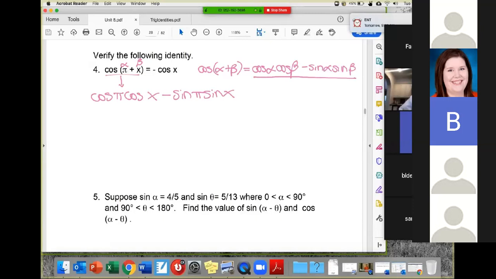And that is the expansion of cosine pi plus x. Anyone have any problems with that or where we got that from? Okay, so from there, any ideas as to what we can do with this? Where can we go from here? Anyone remember what we can do with those two things that I've underlined, cosine of pi and sine of pi?